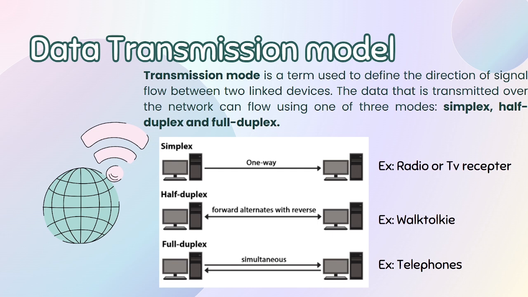Example is walkie-talkie. Full duplex is a transmission mode where data signal is transmitted simultaneously at the same time in two different ways. Example, telephones.